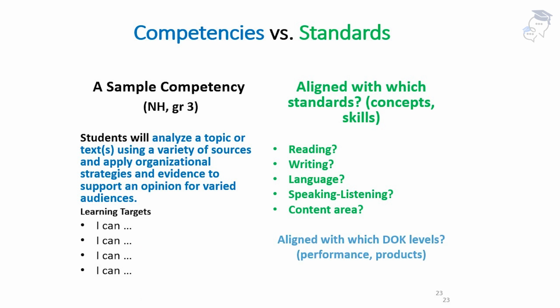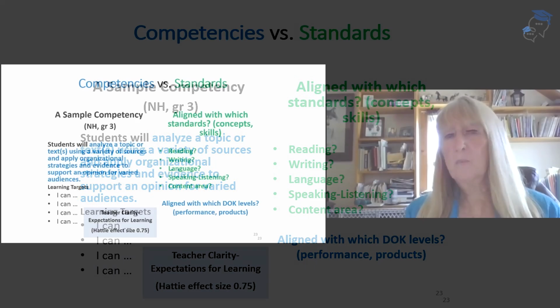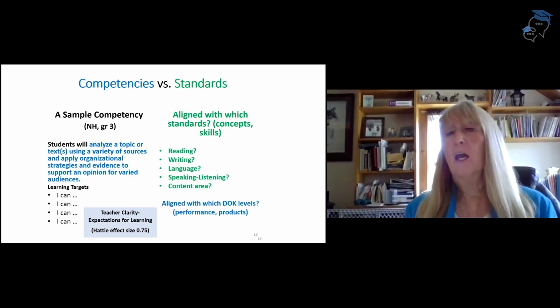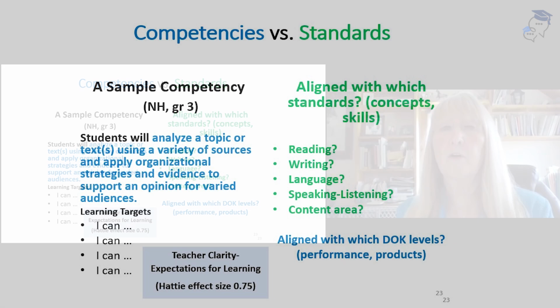And then what are the DOK levels that would match some of the learning targets? Because the products and performance are going to go beyond any individual reading, writing, language, speaking, and listening standard, probably. So again, this is about teacher clarity. If teachers can develop some competency statements, expectations for learning, and address them in similar ways across classrooms, that makes learning more equitable for all kids.